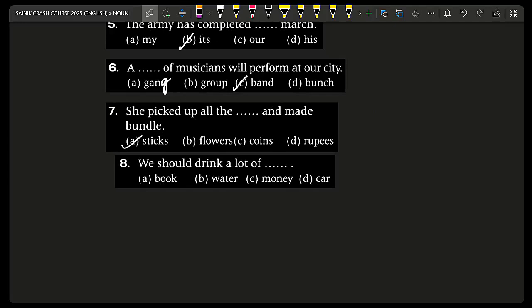No student gave a wrong answer. Everybody gave the correct answer, that is water. We should drink a lot of water, option B. Next question.